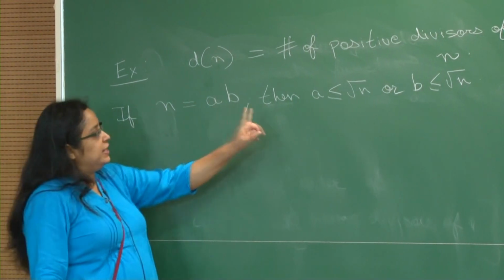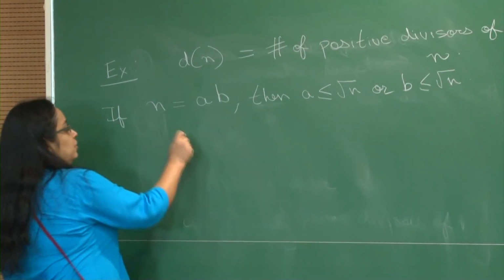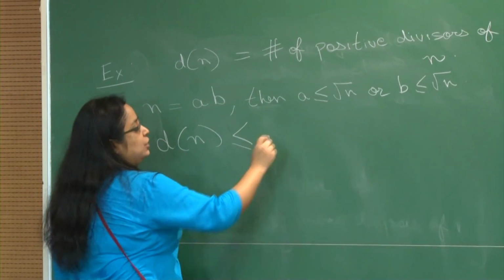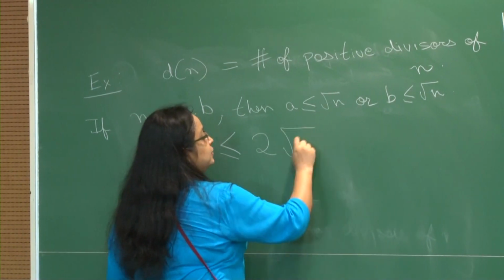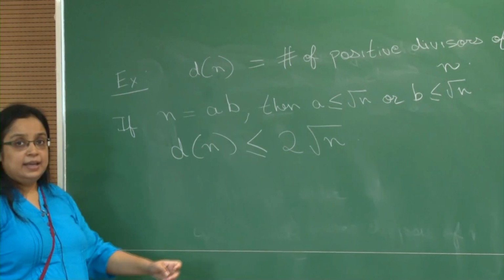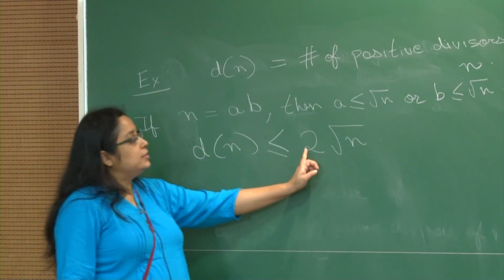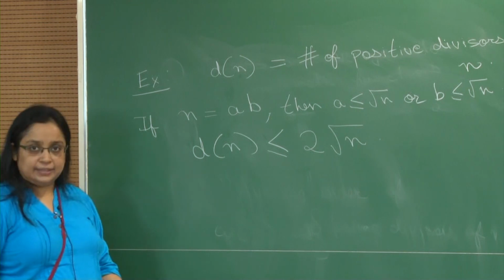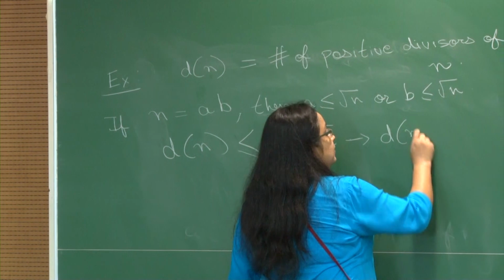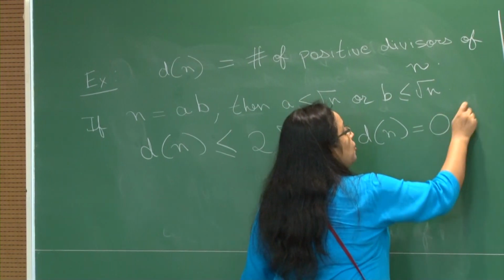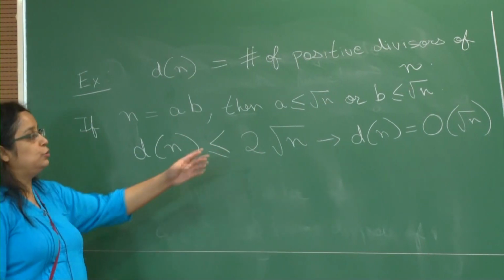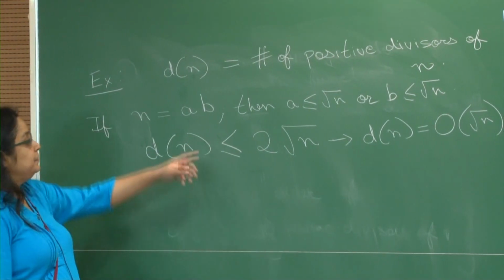So, this observation helps you to derive the fact that d of n is less than or equal to 2 times square root of n. So, the number of divisors of any n is bounded at most by 2 times square root of n. In other words, d of n is O of root n. D of n is equal to O of n was obvious.